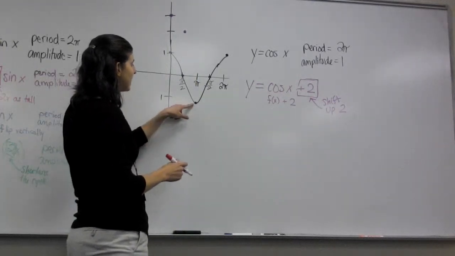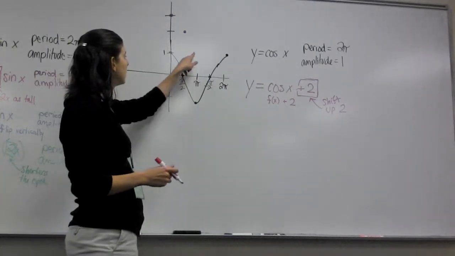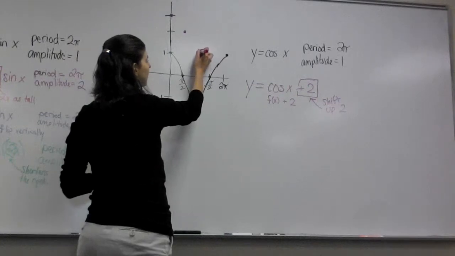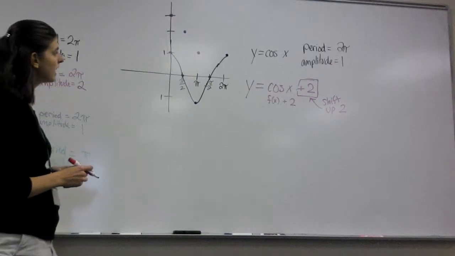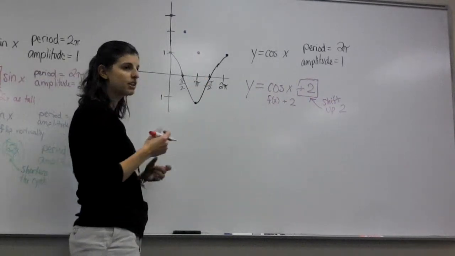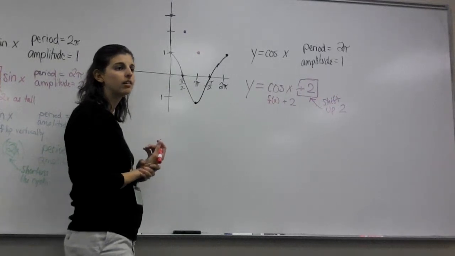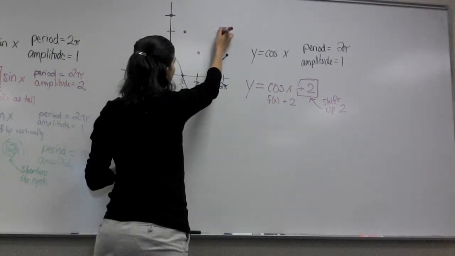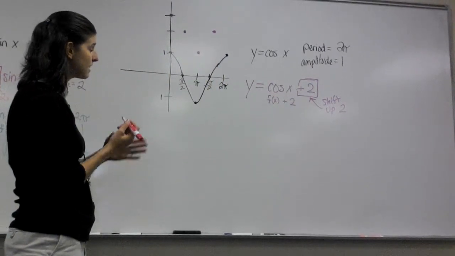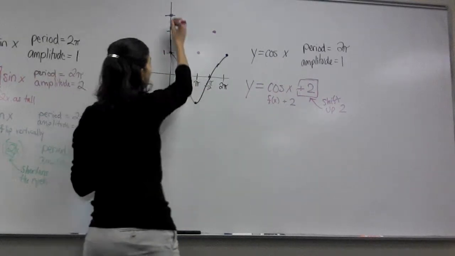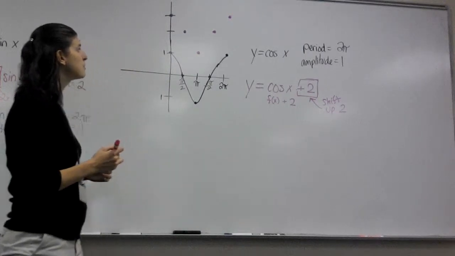Instead of being at -1 at pi, I'm going to be at a height of 1 at pi. Instead of being at a height of 0 at 3 pi over 2, I'm going to be at a height of 2. And instead of being at the height of 1 at 2 pi, I'm now going to be at a height of 3 again. Everything is shifted up 2 units.